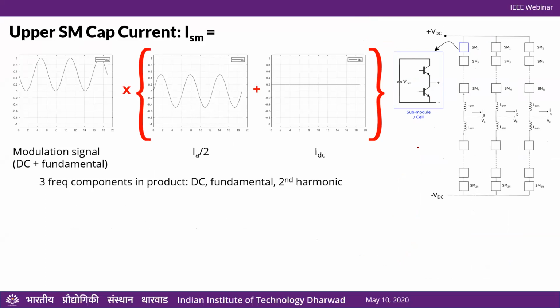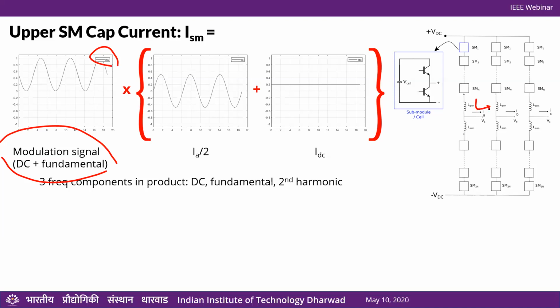So let's see what this modulation signal was. So the modulation signal was this. We want our modulation signal, and when I say modulation signal, take it with a pinch of salt, this is sort of the reference output voltage for each module, right? We want each module to generate this fraction of the upper arm voltage. And again, this is in per unit terms, so we want it to be like this.